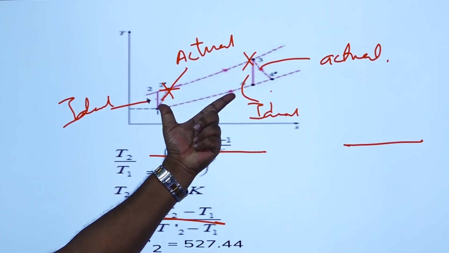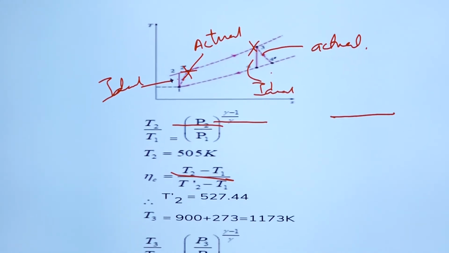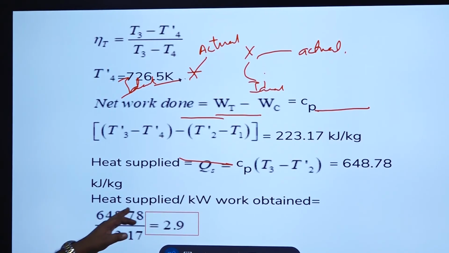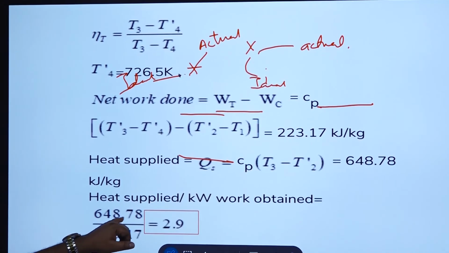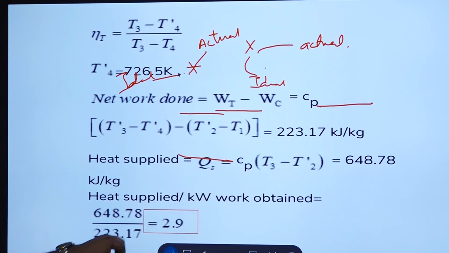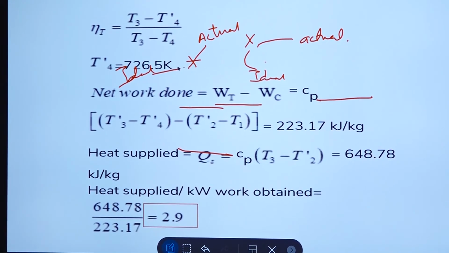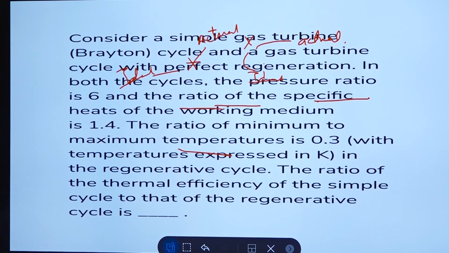So heat rejection is more, so the heat supplied is less. So you can find the value, that is heat supplied per kilowatt, the work obtained: 648.78 divided by 223.17 kilojoule, that is equal to 2.9, the amount of heat energy that is supplied.